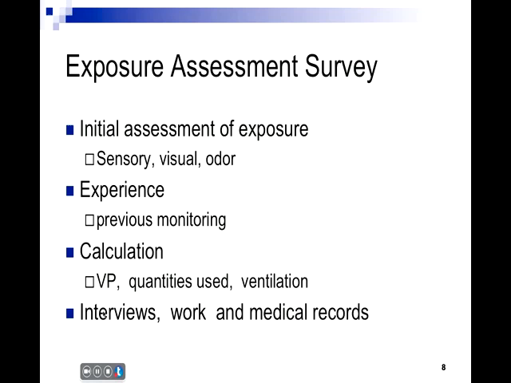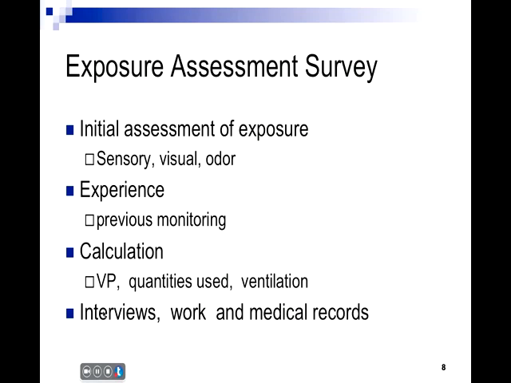Then the third thing on this list, and I think this is really important, and that IH-MOD download that I showed you from the AIHA Exposure Assessment Committee can be really, really useful, is do a calculation. If you're concerned about what chemicals we have present that may be close to a PEL or a TLV, you can do that by calculation, because you can use some of those formulas to determine, if all of this chemical was released at once in this room, what would be the maximum concentration that could be achieved?